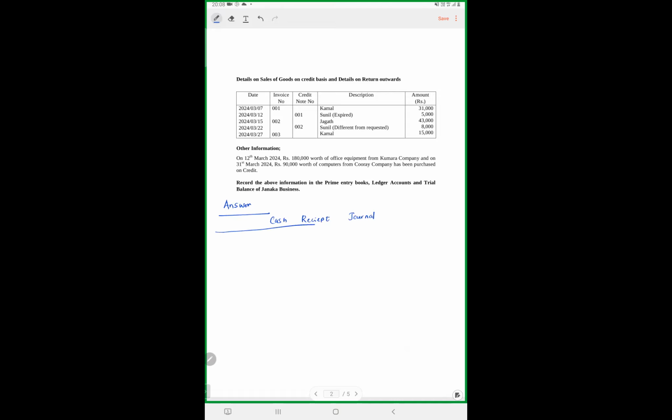You know the format: date and description.